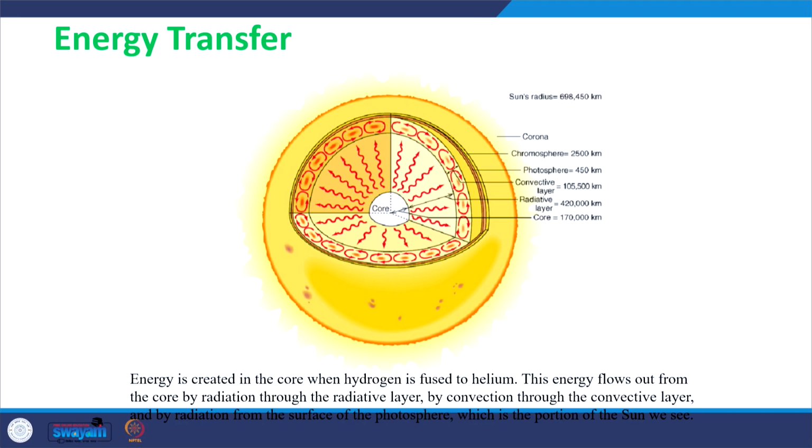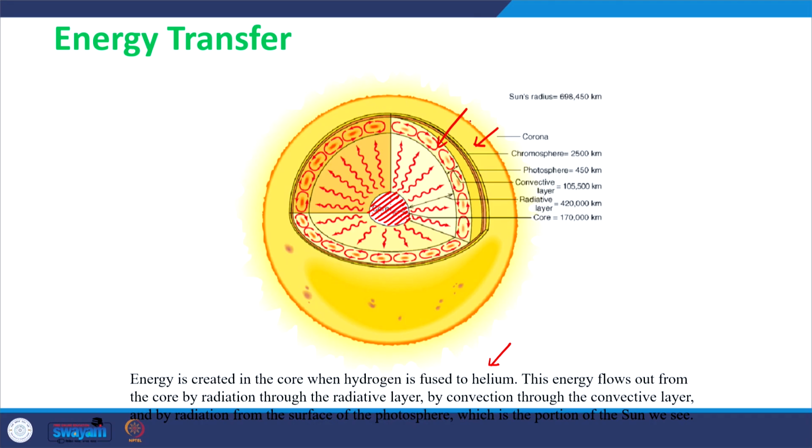All right. So if you look at the interior of the sun, there are different modes of energy transport starting from the core up to the photosphere. So core is where the energy is created. We will not discuss what is inside, because we will have to discuss some other processes which are not relevant at this point of time. Once the energy is created in the core when hydrogen is fused to form helium, this energy flows out from the core by means of radiation through the radiative zone, or the radiative layer, and subsequently this energy is transported by the process of convection in the convective layer, right?